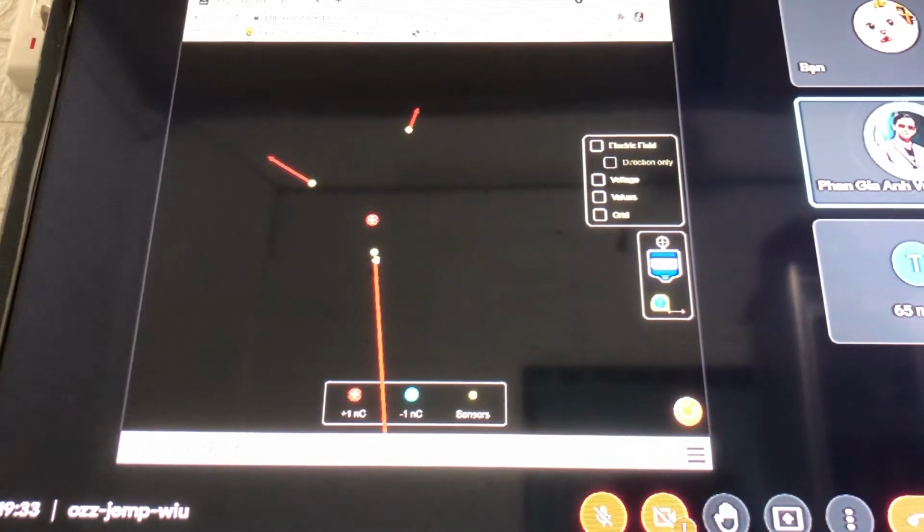Then, when I move the charge from this point to this point, you can see that the force this charge exerts on the test charge changes in direction and magnitude too. The question is, how can I calculate the work done by the force along this path?